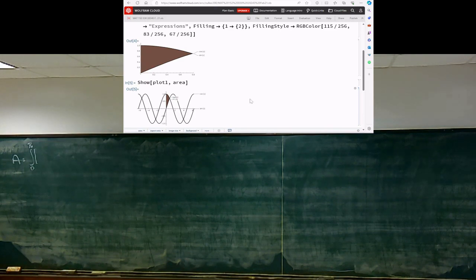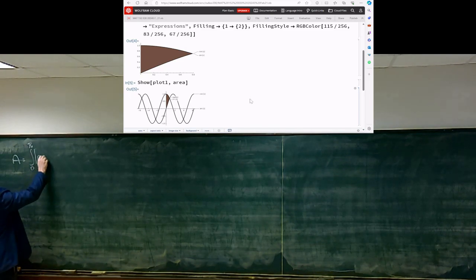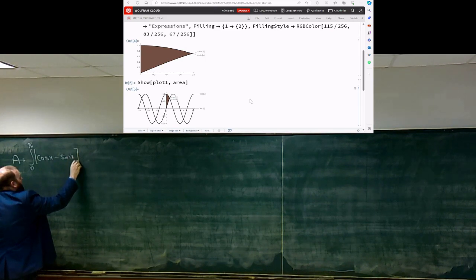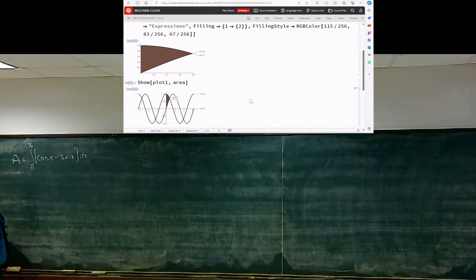Larger function minus smaller function. What is our larger function? Cosine. Minus. There's the setup.